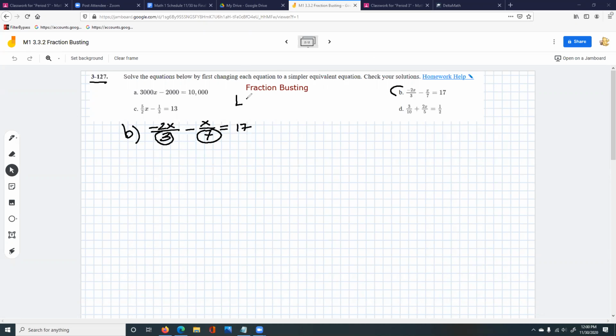So we want to find the lowest common multiple of 3 and 7. What is the lowest common multiple of 3 and 7, you guys? 21. So we want to multiply this whole thing by the LCM, the lowest common multiple. We're going to multiply this term by 21, and the last term by 21.